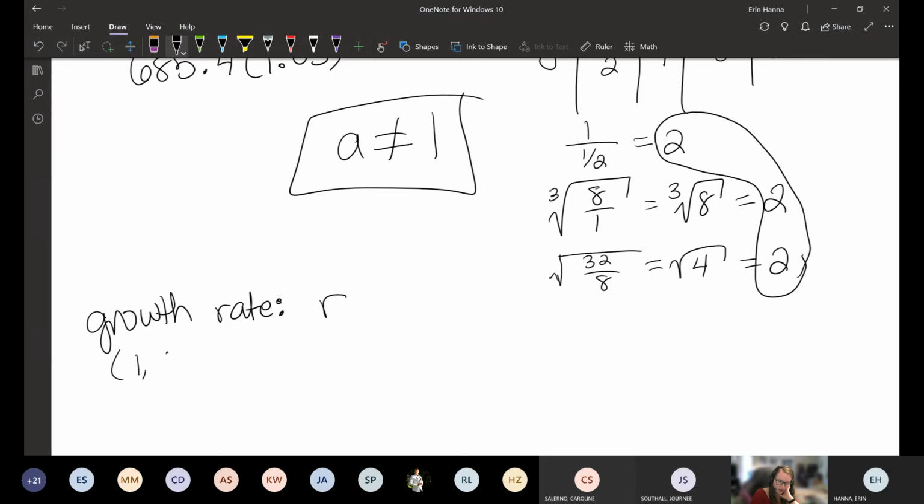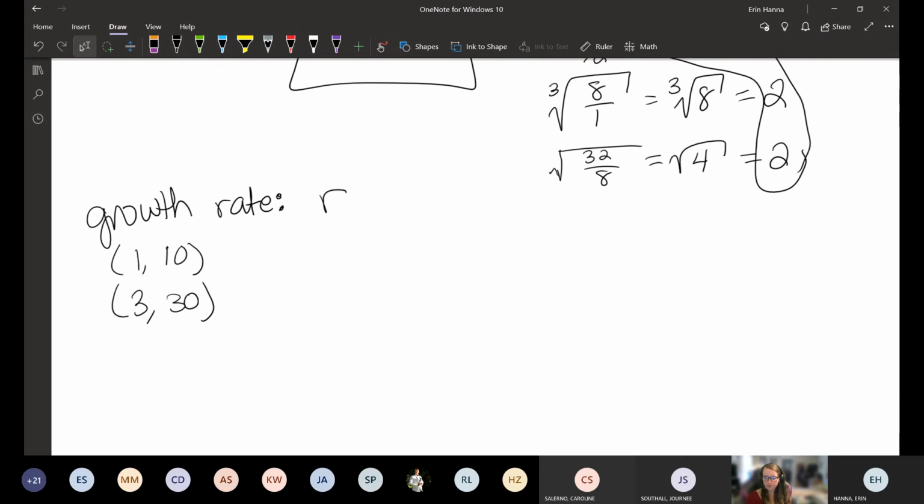Let's use even numbers. 1, 10, and 3, 30. This is probably not going to be nice, but who knows? And say you wanted to know the growth rate for the exponential function involving those 2 points. What you would want to find first is A. To find A, we're always going to start with the equation form.